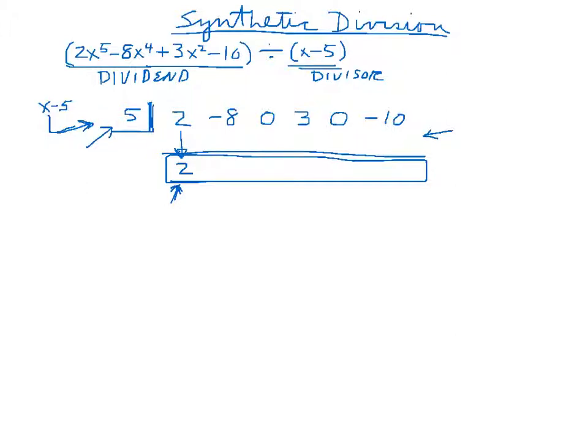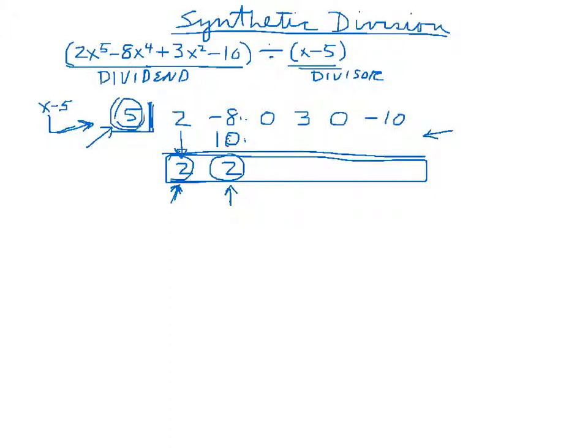You put the answer in the next column, and then you add to get the next number in the answer. So 2 times this 5 is 10, then add negative 8 and positive 10 adds up to 2, and then we repeat what we just did.